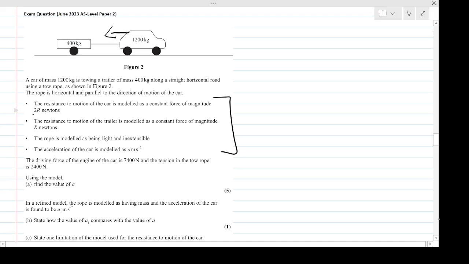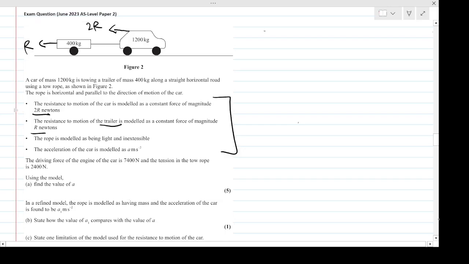And we're told it's 2R, okay? 2R there. So that's the resistance of the car. The resistance of the trailer is R, so it's going to go back by R here. And the rope is light and inextensible, okay, as usual.